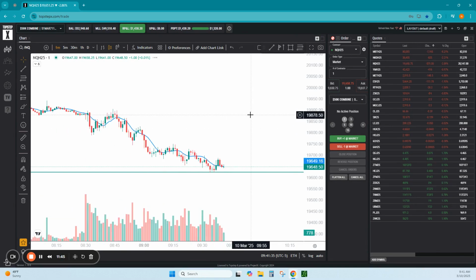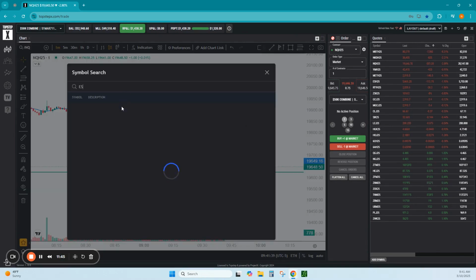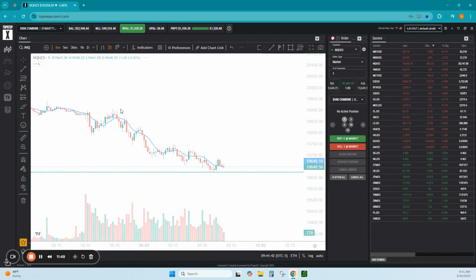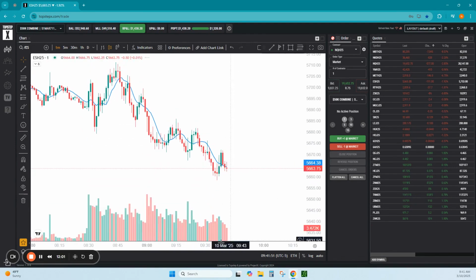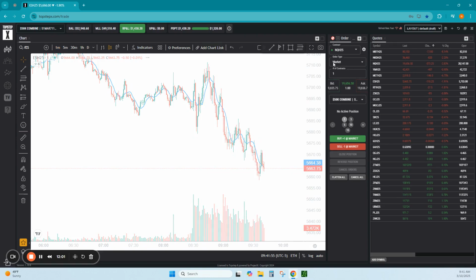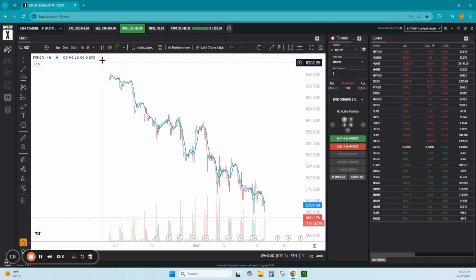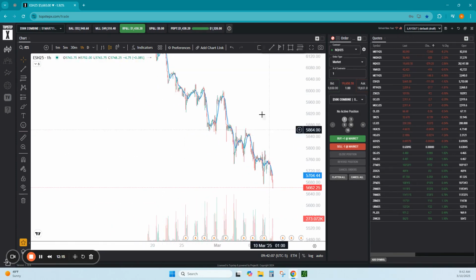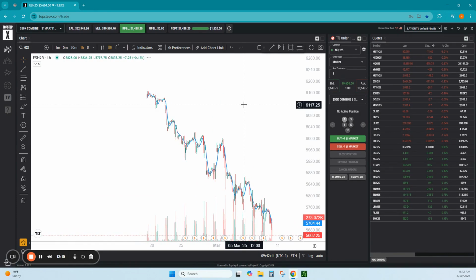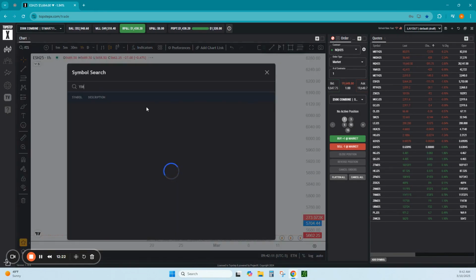Computer is incredibly slow right now. So there's NQ. Let's look at ES. ES also, depending on who you ask, doesn't look great. Hourly. Ay, Chihuahua. Look at that. Let's look at the Dow.